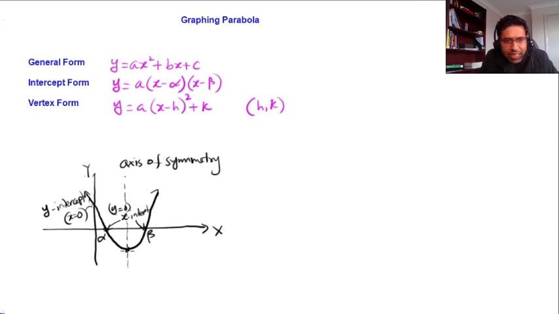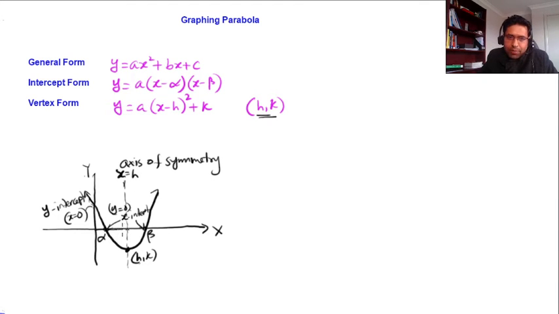And this vertex point is h and k, as you can see here. So x at that point is h, right? So we can say x equal to h at that point. So if I ask what is the equation of that axis of symmetry, it is x equal to h, because h is the coordinate for x.